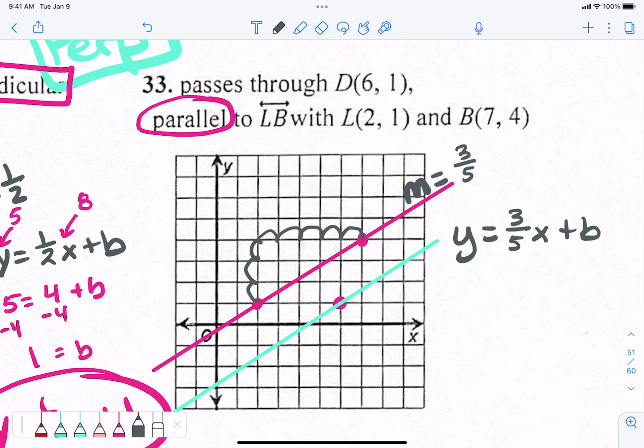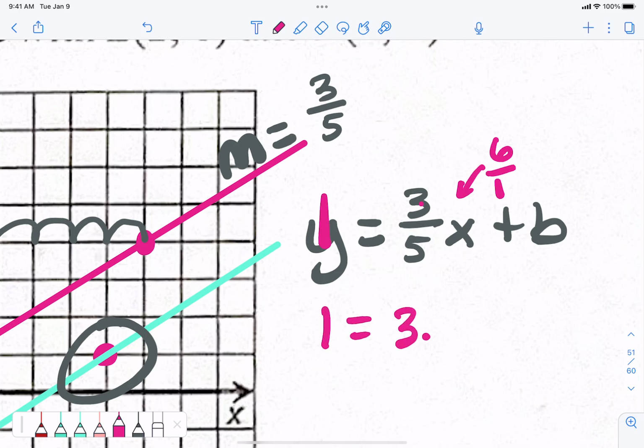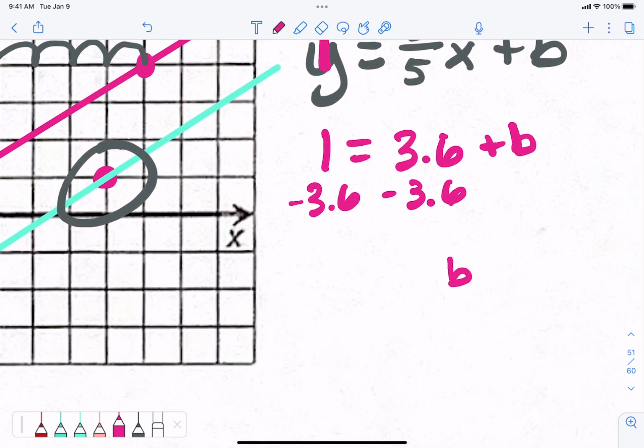To find the b, I'm going to plug in this dot, 6, 1, which is going to be really gross as an answer. 3/5 times 6, 3 times 6 is 18 over 5, or 3.6. So 1 equals 3.6 plus b. If I subtract 3.6, negative 2.6. Ew, yeah, gross.